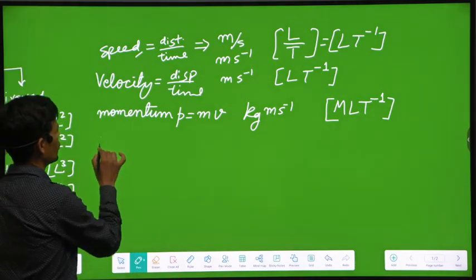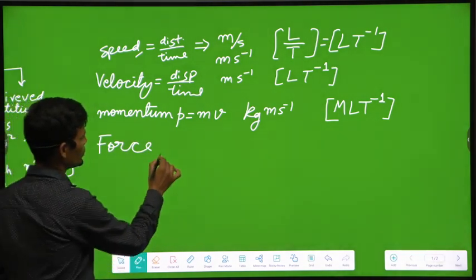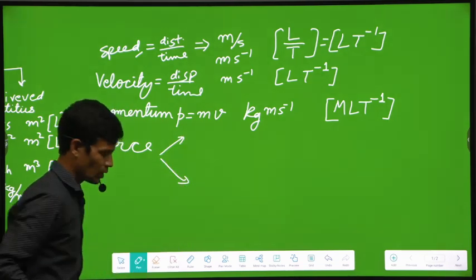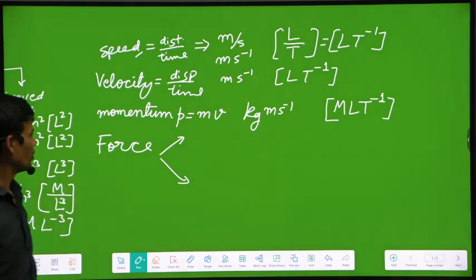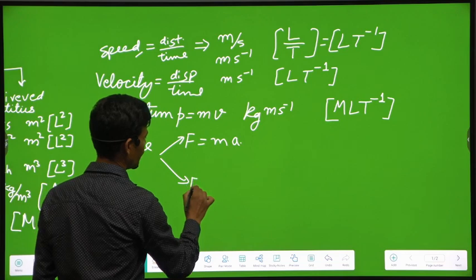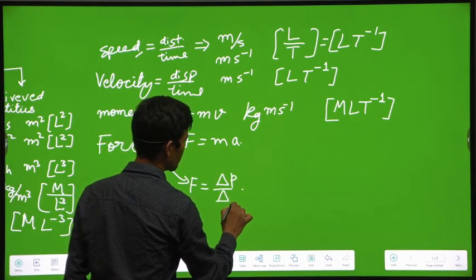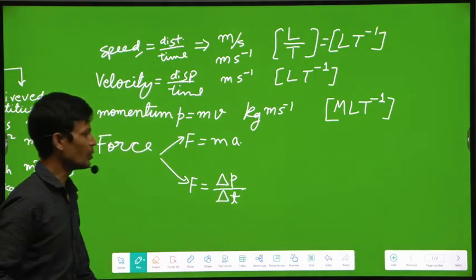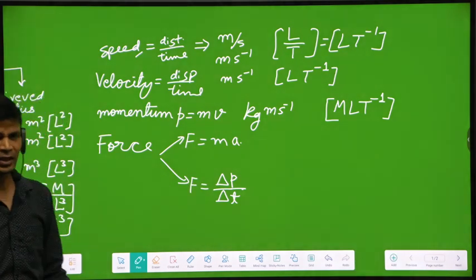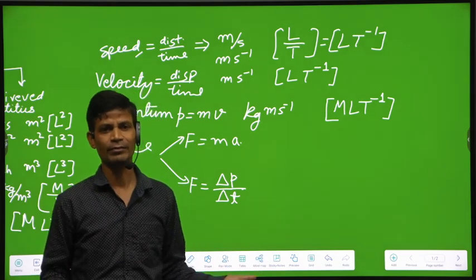Now moving on, force. Okay, so force, there are two formulae, and I'm going to tell you both the ways. F equal to ma and F equal to delta p by delta t. Change in momentum upon time. Ultimately, if we find, still it is momentum.